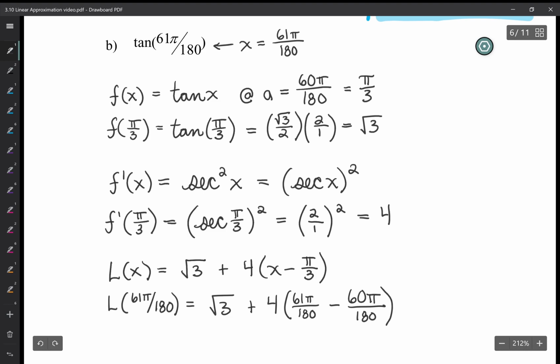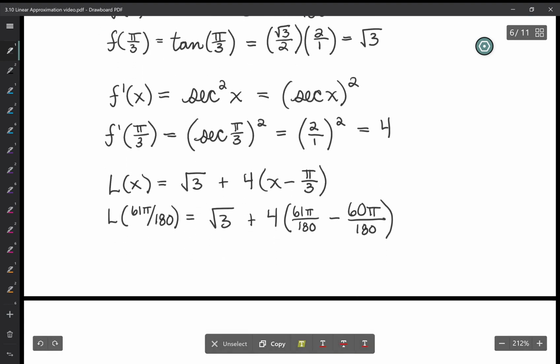You could also find a common denominator the old-fashioned way. Simplifying, this is equal to the square root of 3 plus 4 times 61 pi minus 60 pi gives us pi over 180.